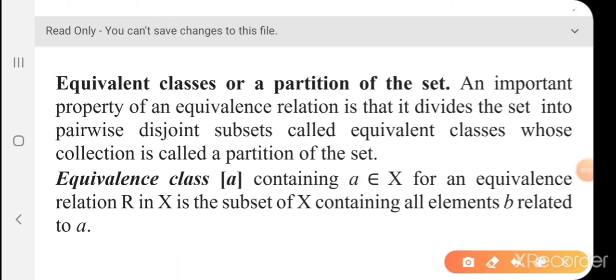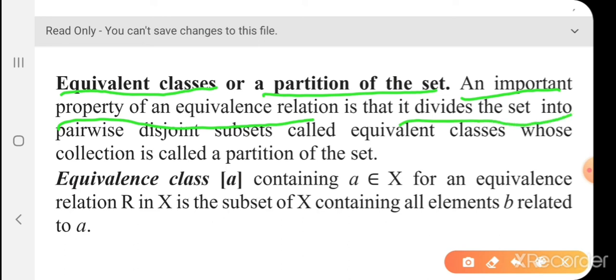Equivalence classes or partition of a set. An important property of an equivalence relation is that it divides a set into pairwise disjoint subsets.